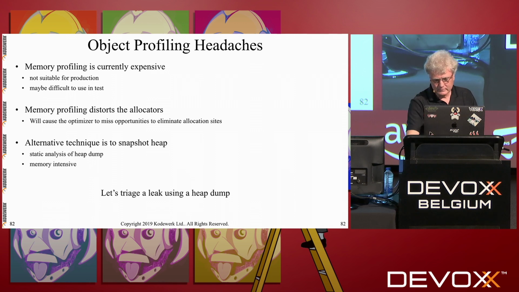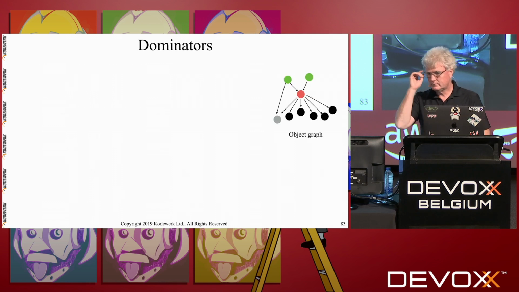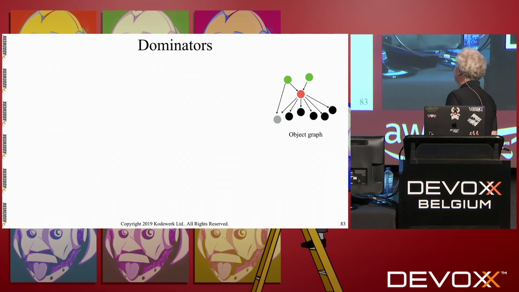Okay, so the idea here is that we're looking for these things called dominators, and maybe some of you have heard of this term before. We're particularly looking for dominator trees. In other words, what I'm looking for is a single path or a very narrow path to what's known as a large retained set size.